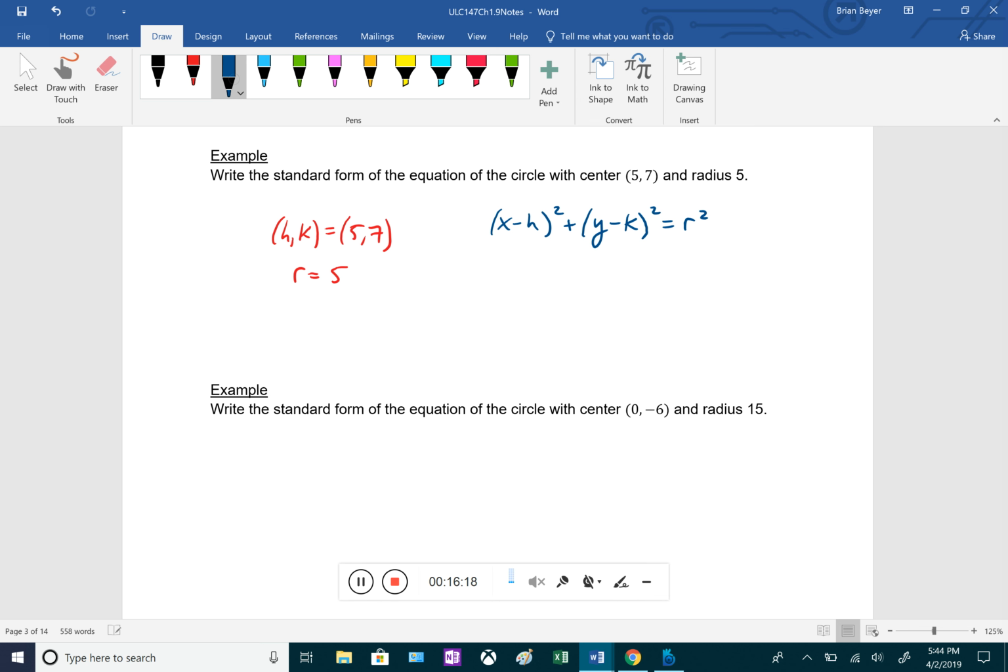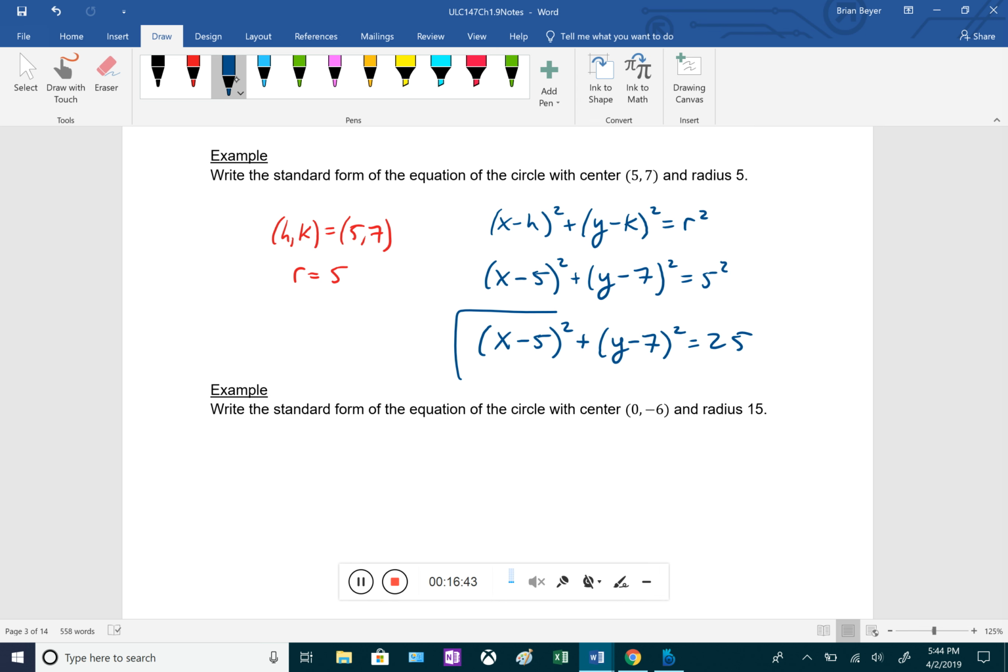So plugging these in, it's going to be (x minus 5) squared plus (y minus 7) squared equals 5 squared. And then just simplifying that 5 squared, we get (x minus 5) all squared plus (y minus 7) squared equals 25, and that is that one's equation.